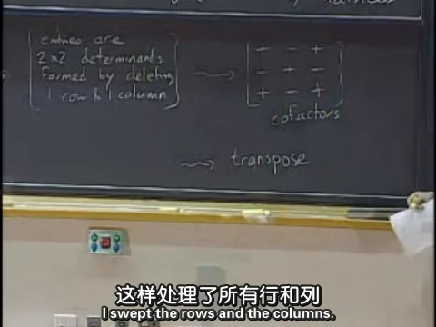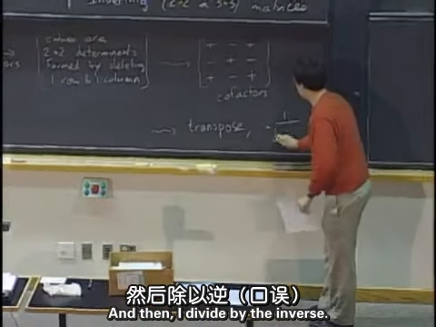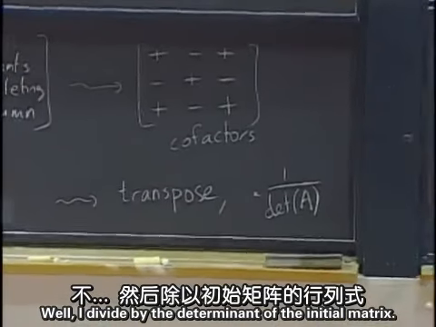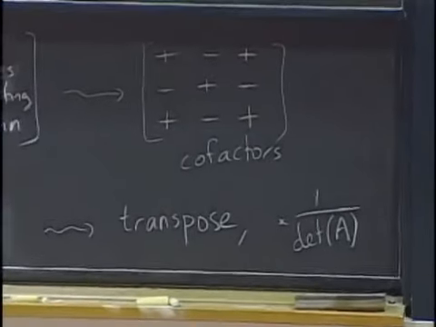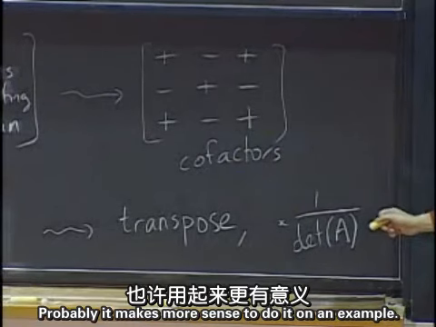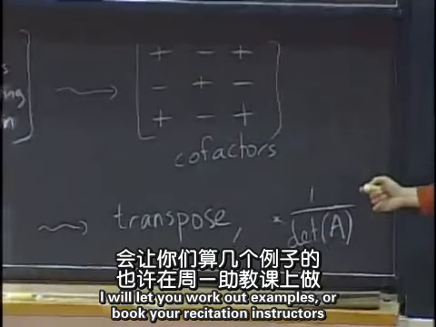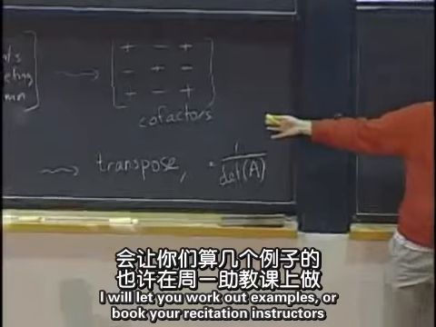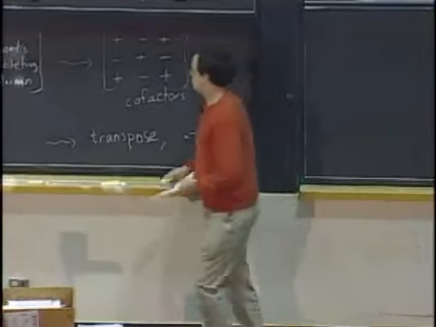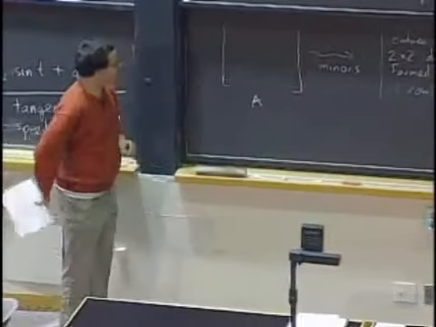I swap the rows and the columns, and then I divide by the determinant of the initial matrix. Okay, so of course, this is very theoretical when I write it like this. Probably it makes more sense to do it on an example. I will let you work out examples or bug your recitation instructors so that they do one on Monday if you want to see that. It's a fairly straightforward method. You just have to remember the steps.